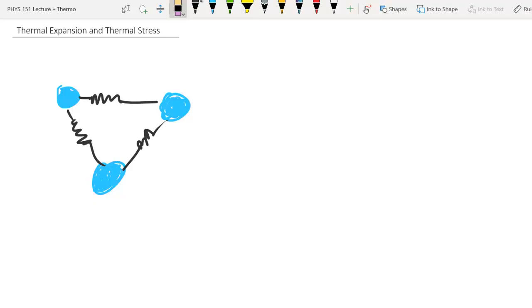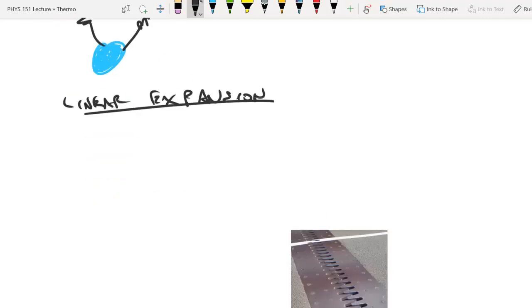Okay. So I wanted to look at just linear expansion as well as volumetric expansion here. So if we have something, we're just looking at it linearly. So linear expansion. So, if we have something that's like this long, something like a steel rod, and then you put some heat into it and it gets a little bit longer, right?